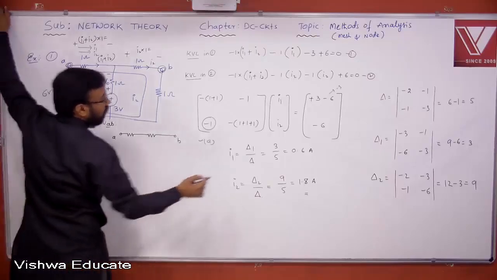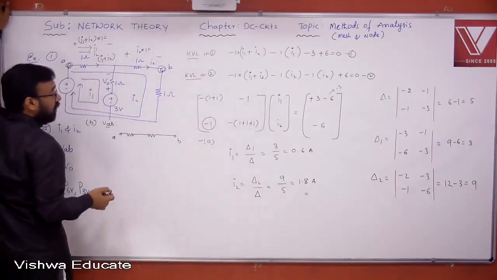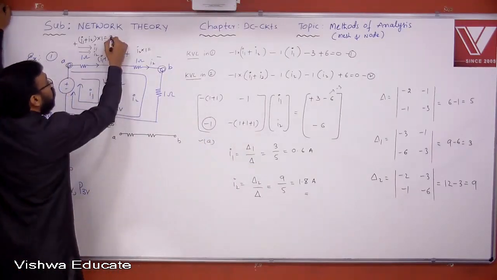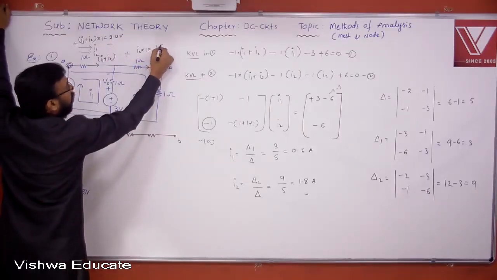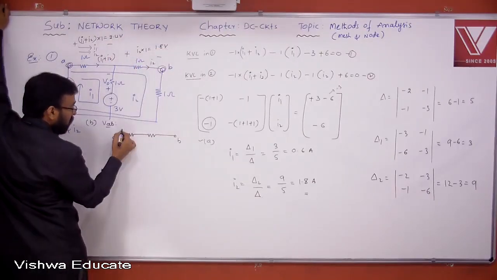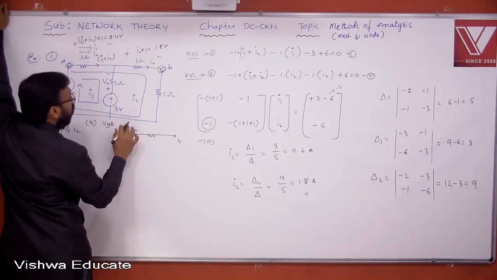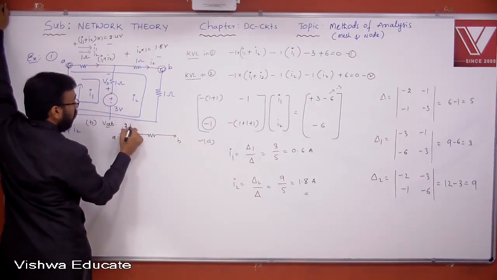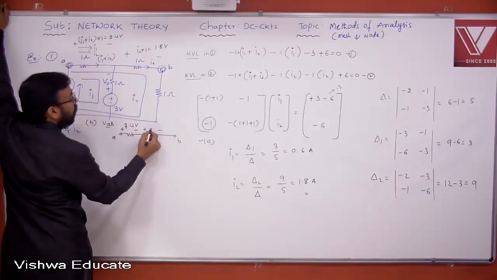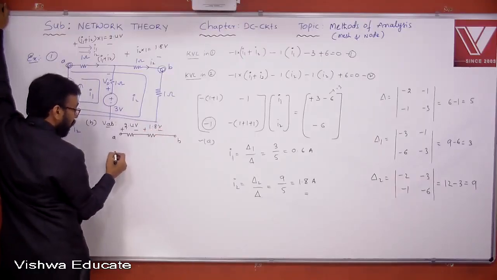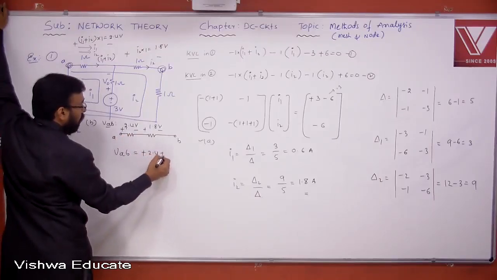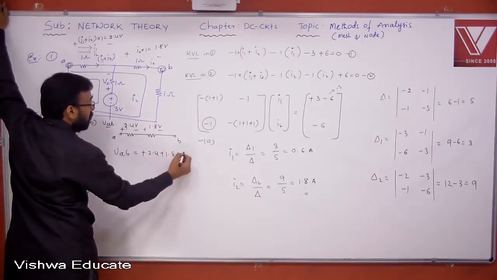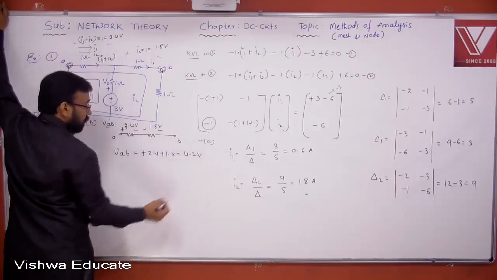Now, what is this value? 1.8 plus 0.6, that is 2.4 volts. And this is 1.8 volts. Now, VAB means you start from A and touching concept, plus 2.4 plus 1.8. How much is it? 4.2 volts.